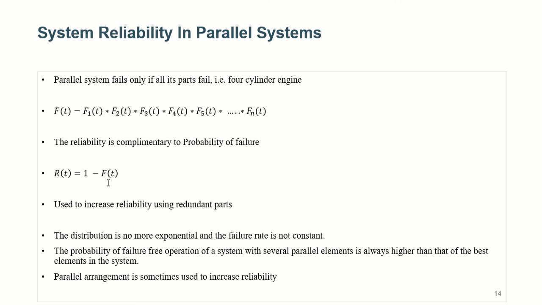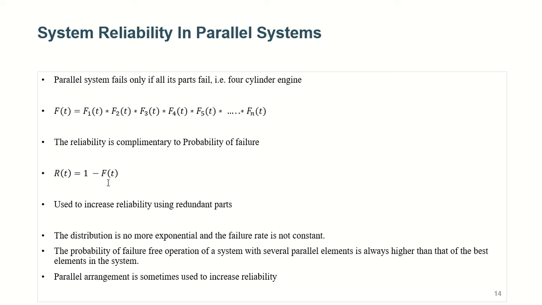So if you want to find the reliability, you subtract the failure rate or probability of failure from 1, and you can find the reliability of your system very easily from that.